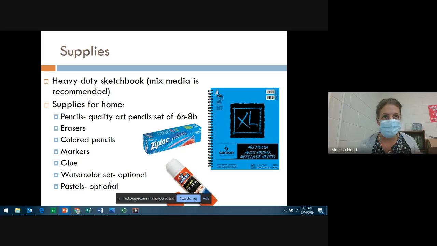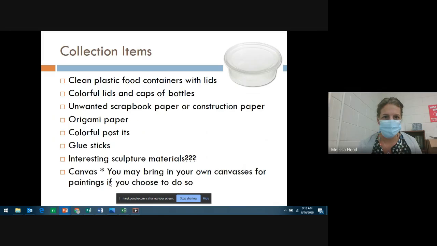I have them here to take home if they want to take them home. And pastels. Again, this isn't stuff that they have to have. It would just be useful if they don't want to share. Some people don't want to share the supplies in class. So that's all up to you guys.